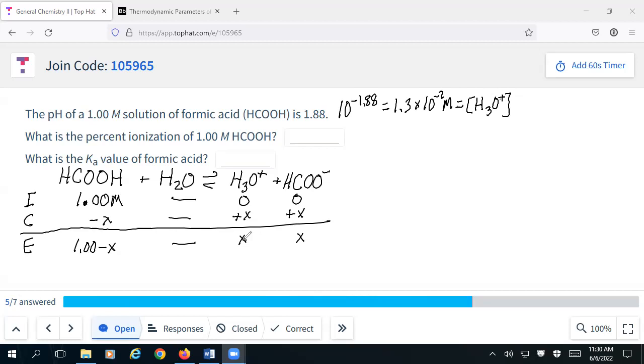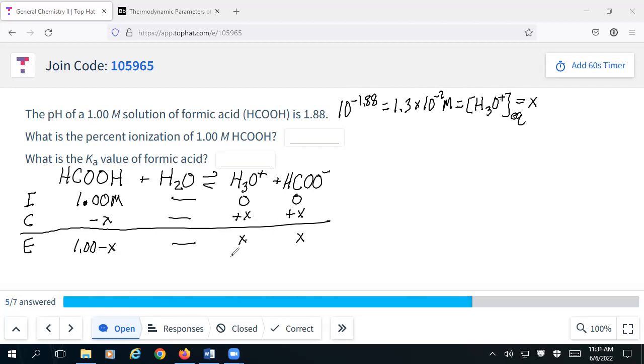So you should have had X at equilibrium for the hydronium, X for the formate ion, 1 minus X for the formic acid. The other thing you needed to do, the pH of the solution was 1.88, so you needed to take the antilog of that pH to get the hydronium ion concentration. That would be the concentration at equilibrium. So this is our X value.